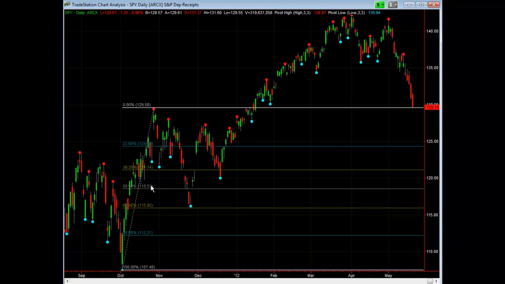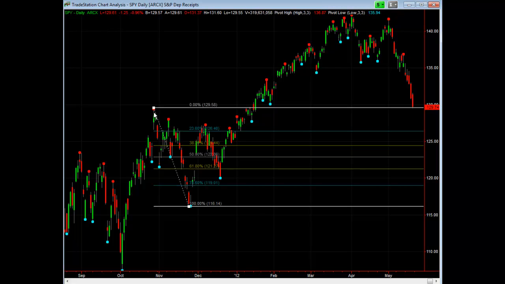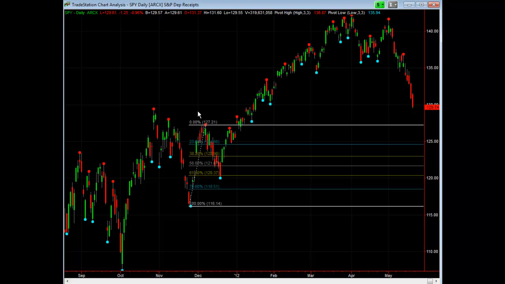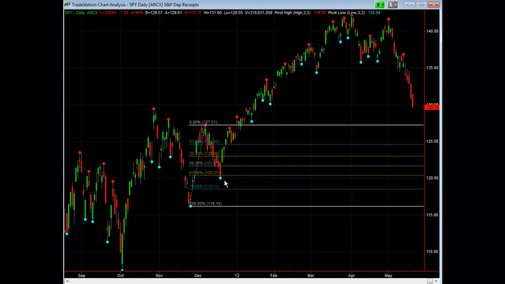So watch this. We take this pivot low, take that drawing tool there, and then go to the pivot high right here, and let's see where it goes. It also retraced to 618. So this 618 number seems to be fairly powerful as far as retracement levels.